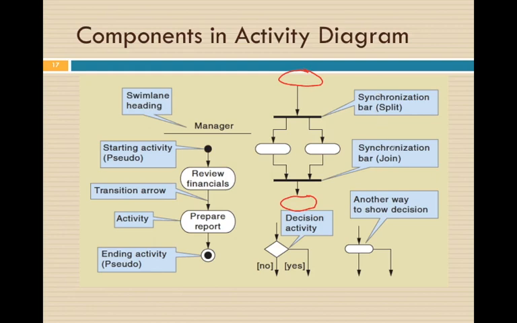The join synchronization bar is used when we have already split the activities and then the next activity is the same activity for both split activities. Meaning, they are connected back.